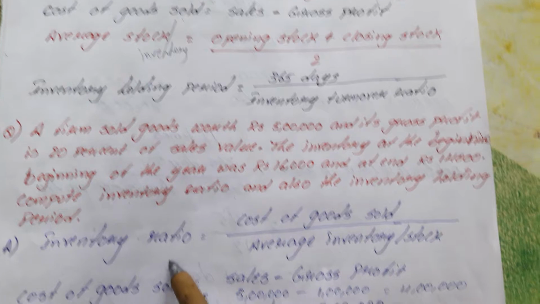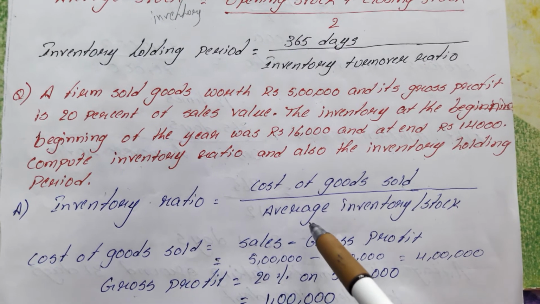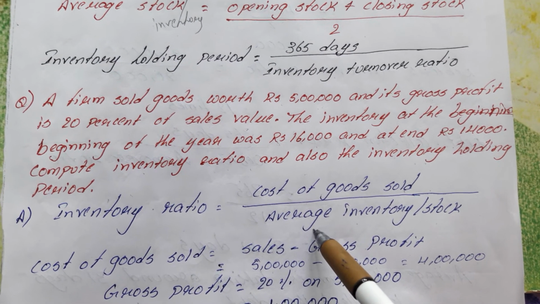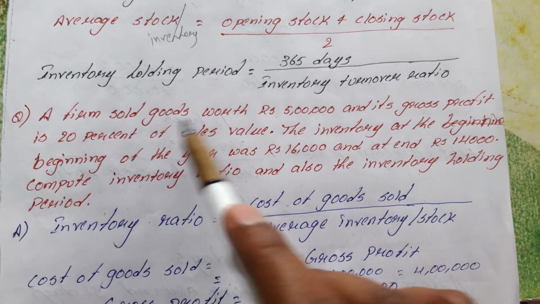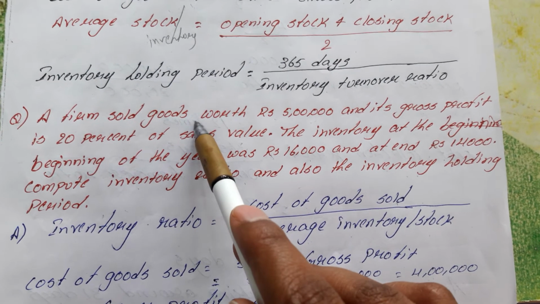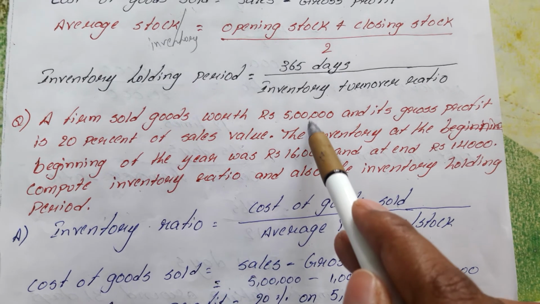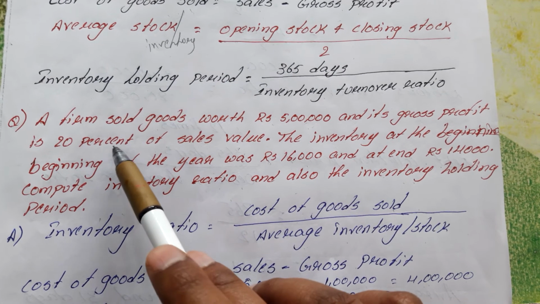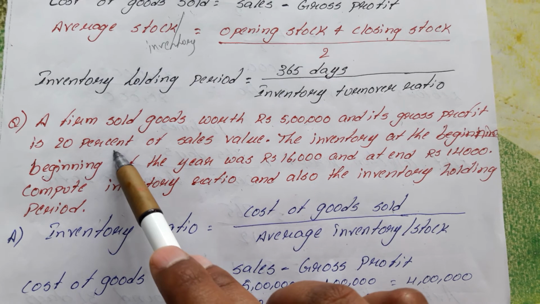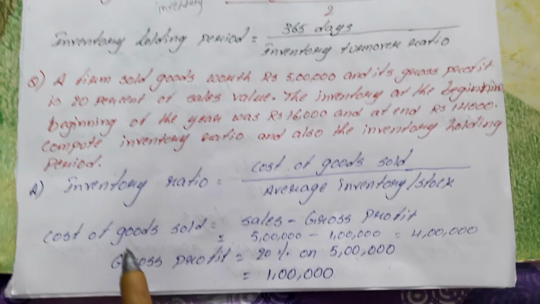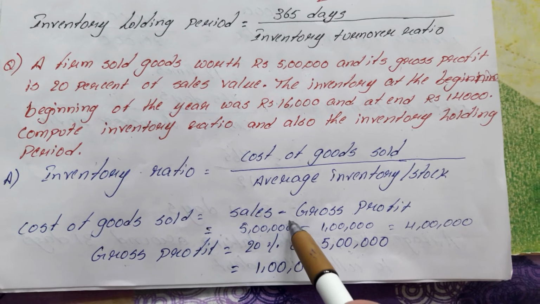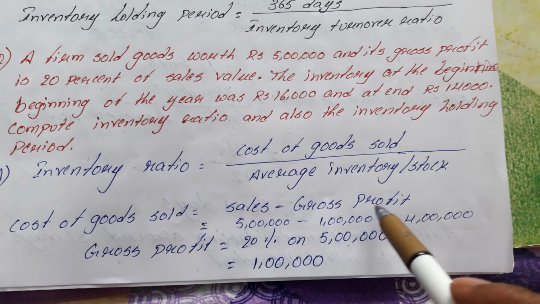The inventory ratio formula is cost of goods sold by average inventory or stock. In the question, they have given sold goods of rupees 5 lakhs, of that gross profit was 20%, and opening stock and closing stock. Cost of goods sold is sales minus gross profit.